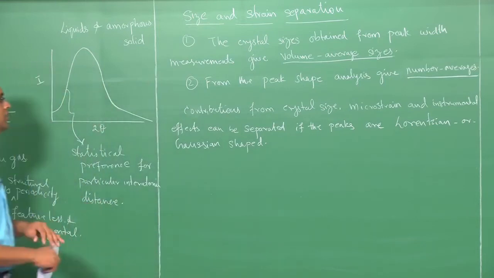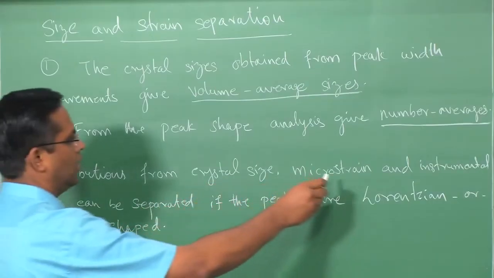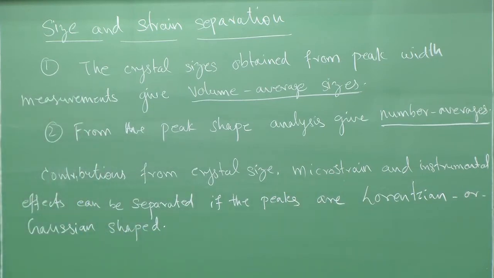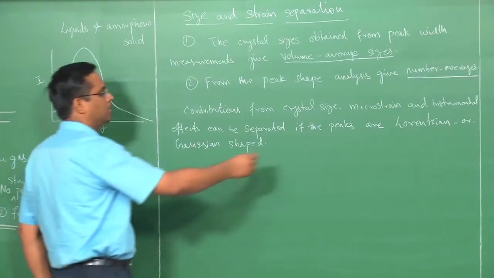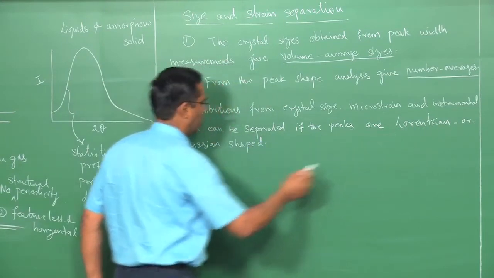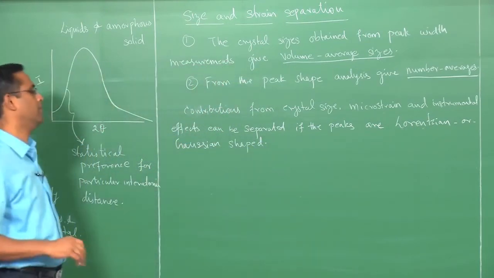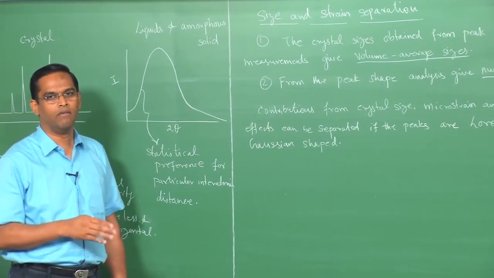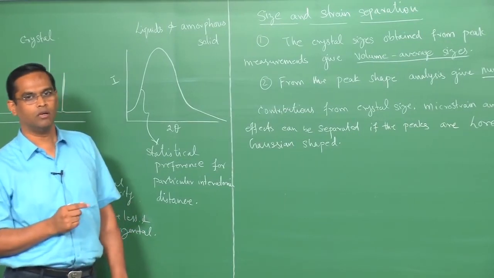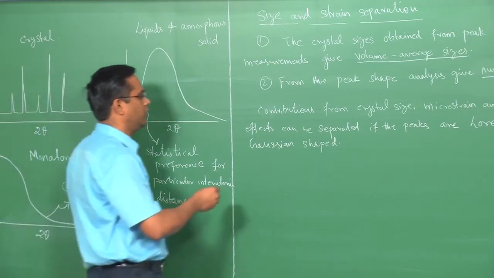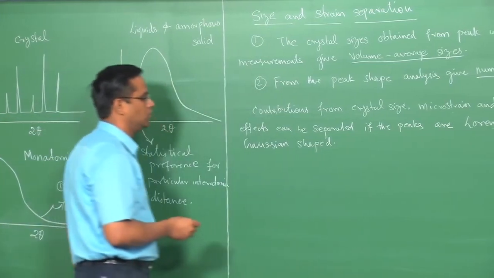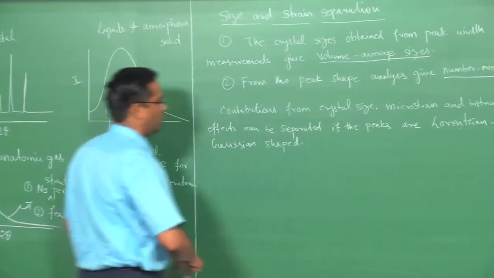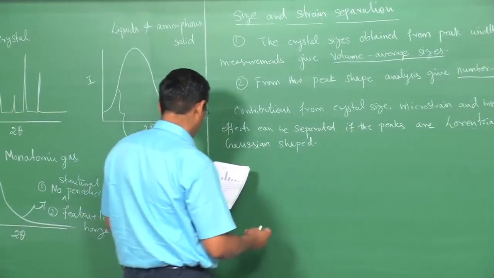The contributions from crystal size, microstrain and instrumental effects can be separated if the peaks are Lorentzian or Gaussian shaped. Just before this we have seen in the slides how these peaks are modeled, and if your peak is close to these models, then separating these effects is straightforward. So, we will see how.